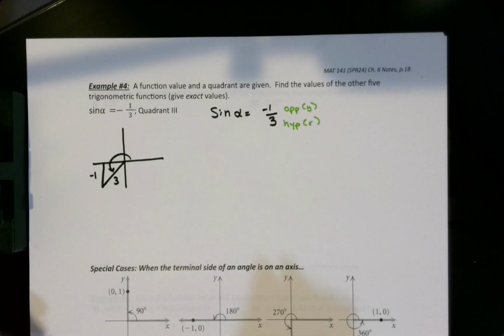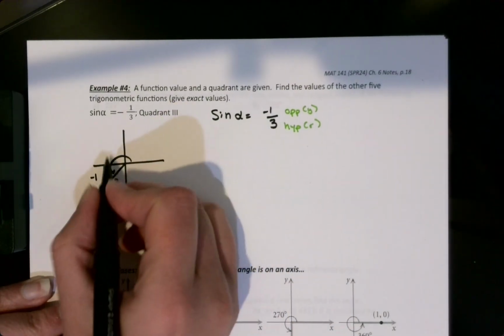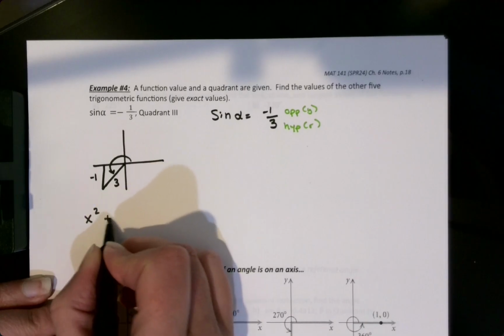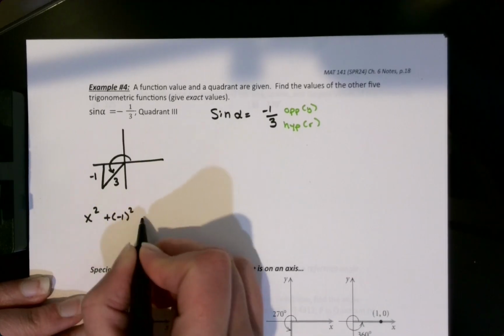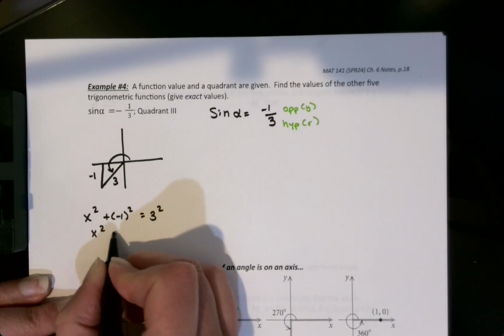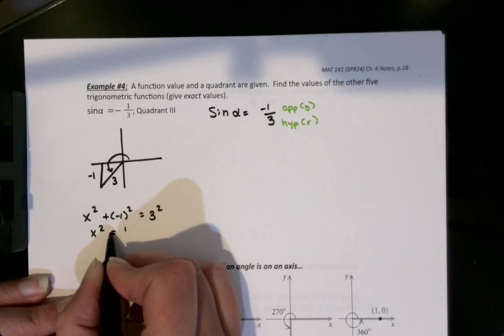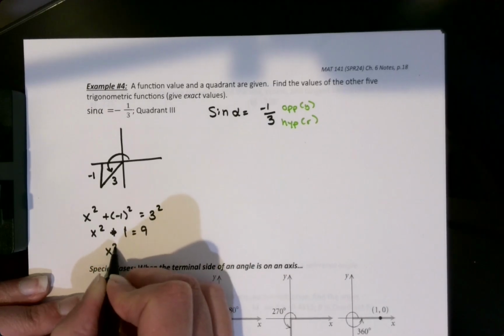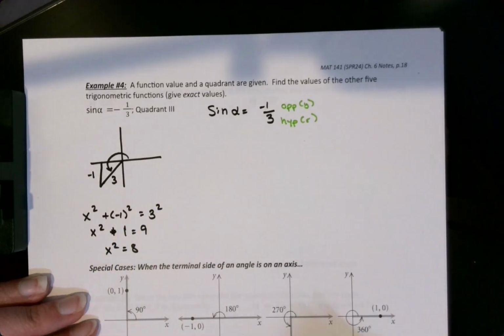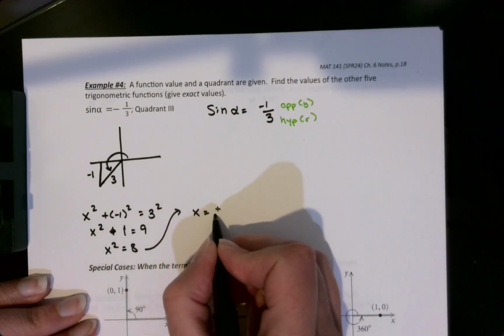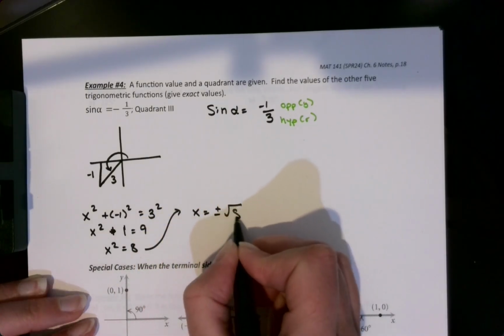Let's go ahead and find our missing side. I'm going to call it x because it is the x value there. So x squared plus -1 squared equals 3 squared. I should do first x squared plus 1 equals 9, then x squared equals 8. So x equals plus or minus the square root of 8.